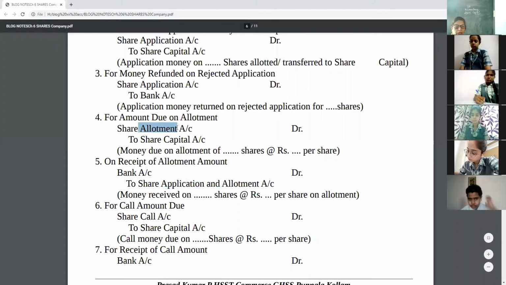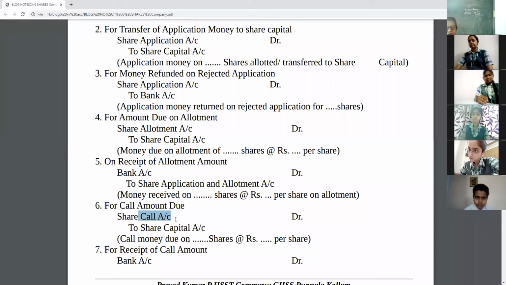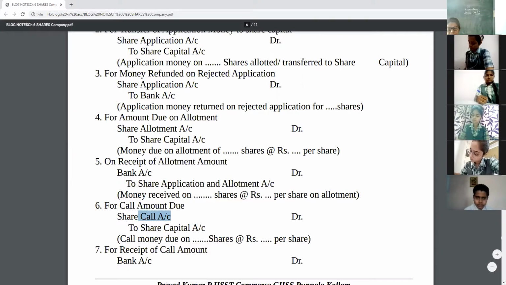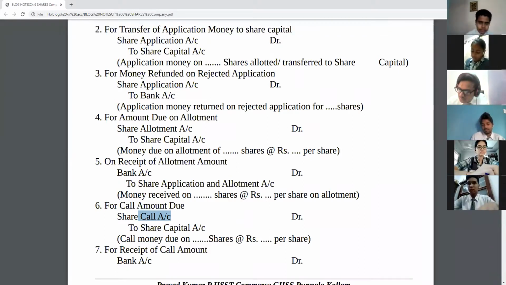Now only that allotment word changes and the new word will be call. So it is easy to learn. Here you will change the allotment word, put the call word. I'm sure you must have understood.